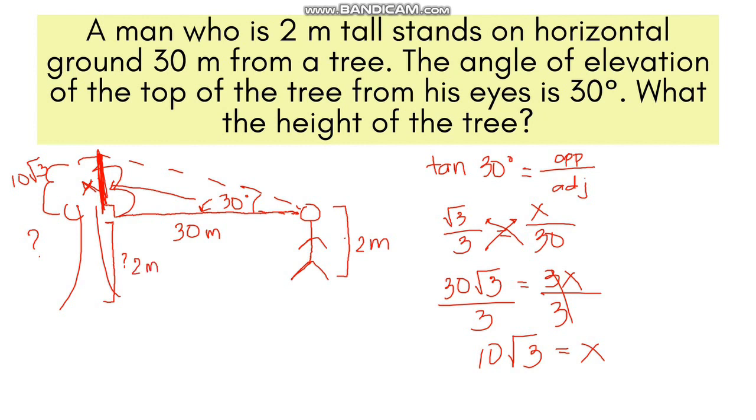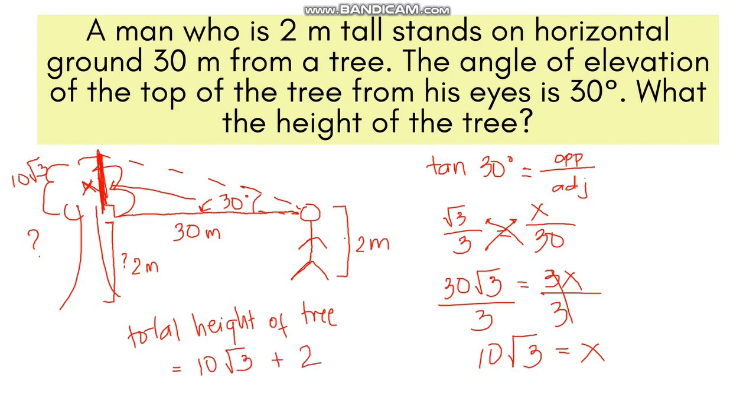Now to get the total height of the tree, we have to add 10 square root of 3 and then the 2 meters.